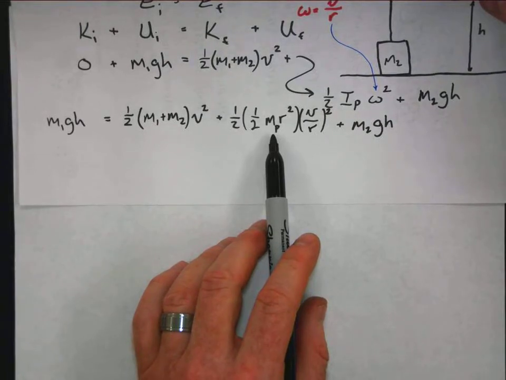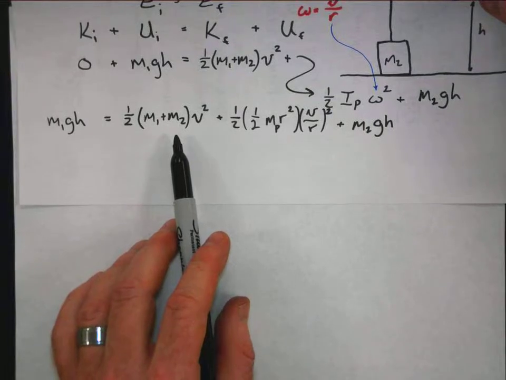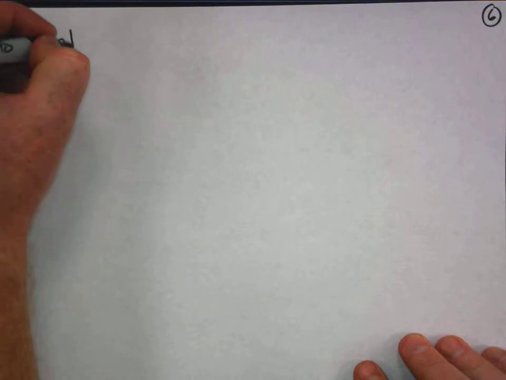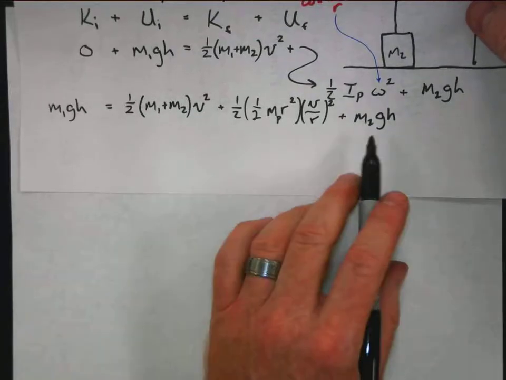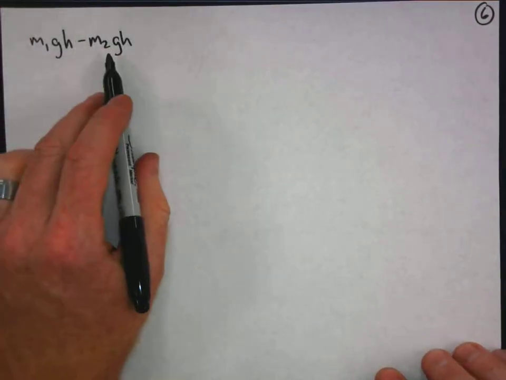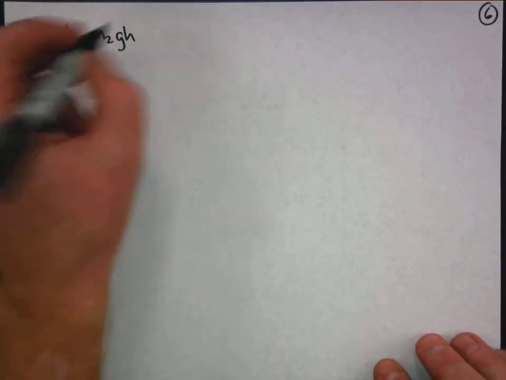I will have to subtract that term and that term from both sides, and then I'll have to divide by a bunch of stuff to isolate that. So on the left, I started with M1 GH. I'm going to subtract M2 GH, and then I'm going to subtract this business. And that looks cool because I can actually factor out the GH, and it will simplify a bit.